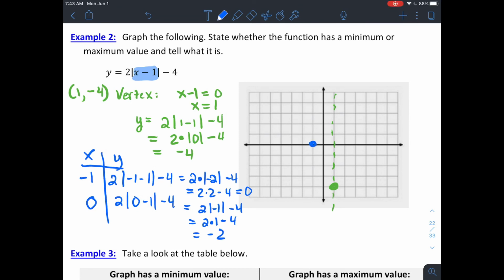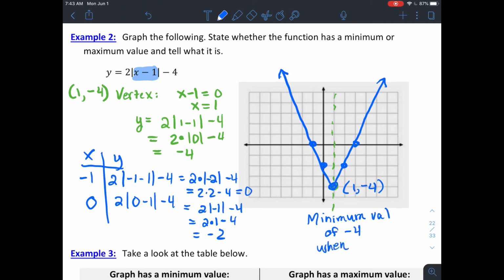Plotting those and reflecting them over is going to give me my graph of my function. And then thinking about whether it's got a maximum or minimum value. If you look at it, it has a lowest y value that it reaches, so it's got a minimum y value there at your vertex, and it is a minimum value of negative 4. A lot of times we'll also go ahead and say where that happens, so this one happens when our x value is equal to 1.